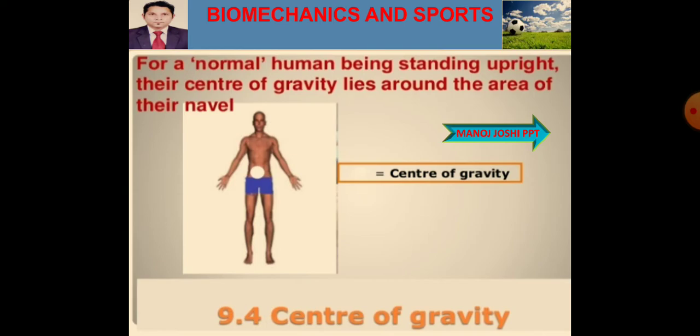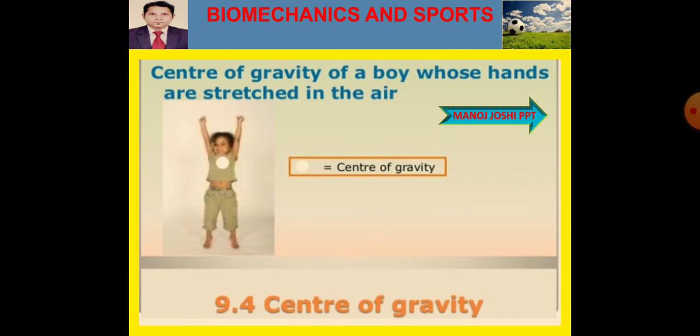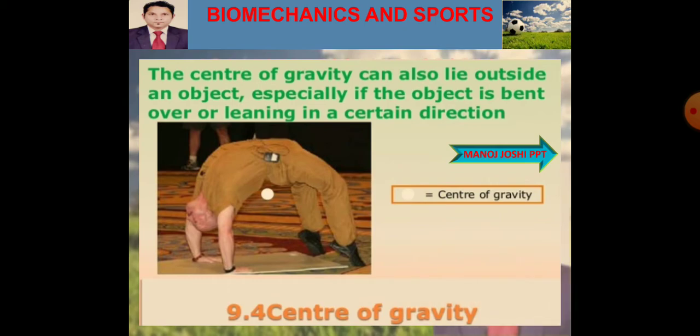So this is very important to find out, the center of gravity, while we are making balance. In case of sports, it is highly required. We can see various pictures I am showing you where we have found the center of gravity. The center of gravity can also lie outside of an object, especially if the object is bent over or leaning in a certain direction.